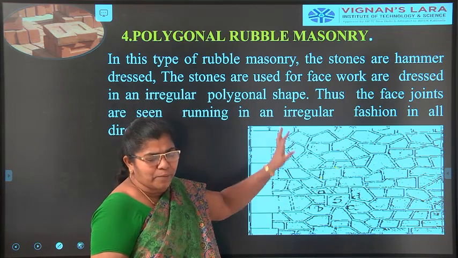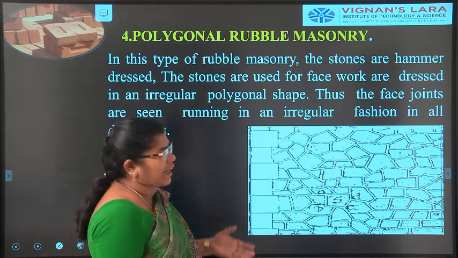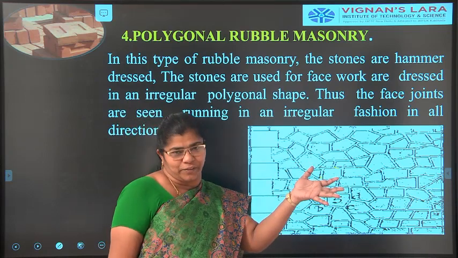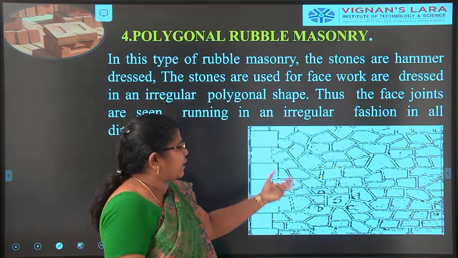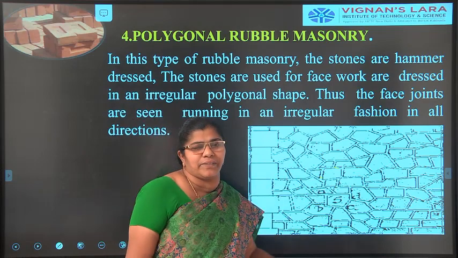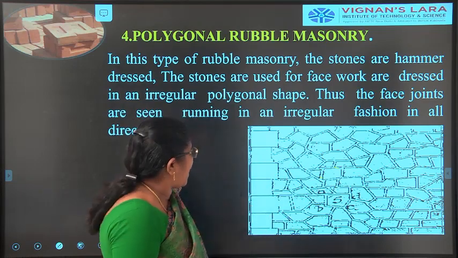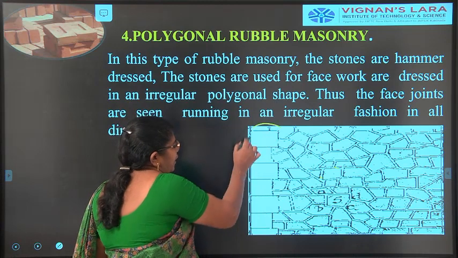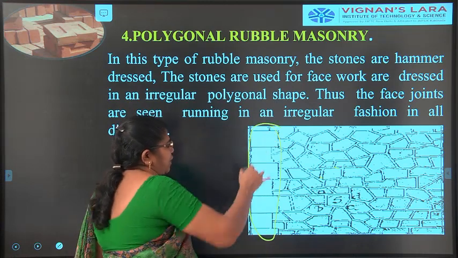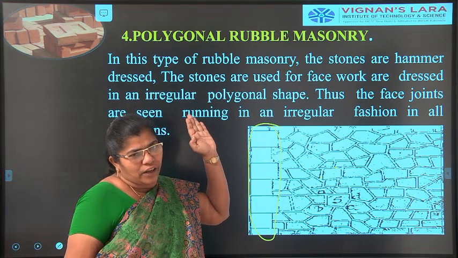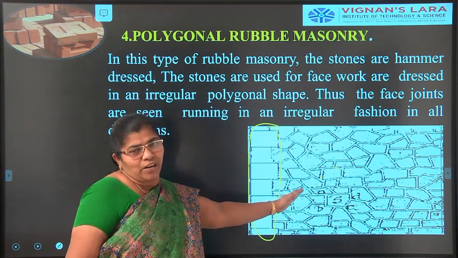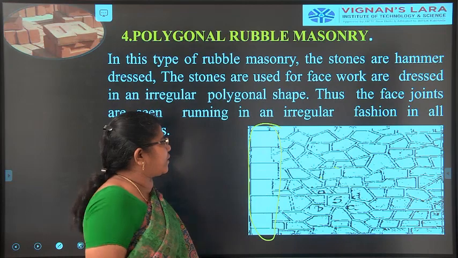It is a haphazard manner, so that it can give a very good face uplift, right? The face uplift is very important here, and the joints can be done properly with the mortar. It gives strength, and in the end it will be very uniform, so this will give a very good strength to the internal polygonal masonry.